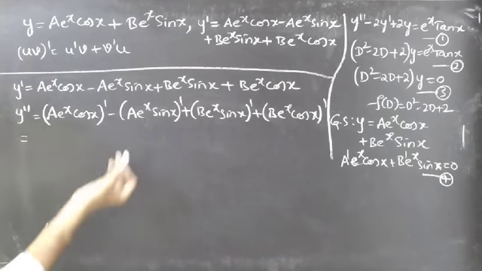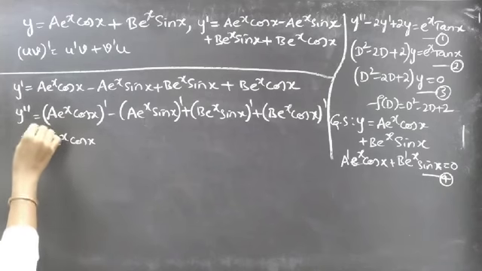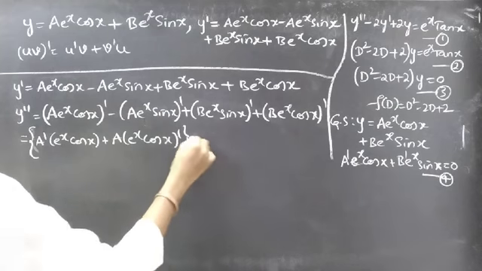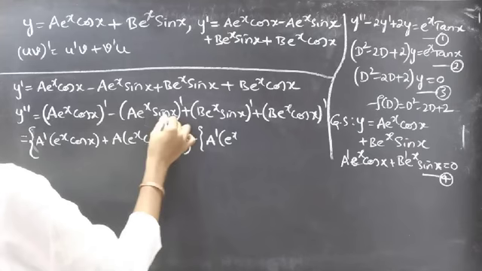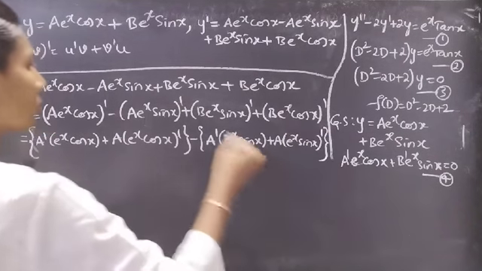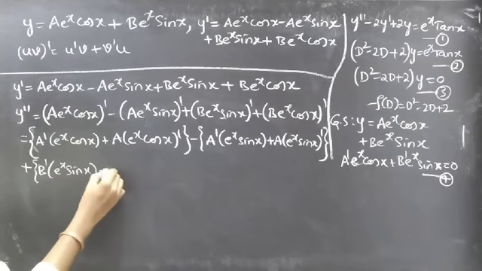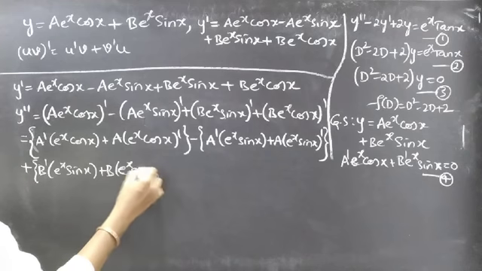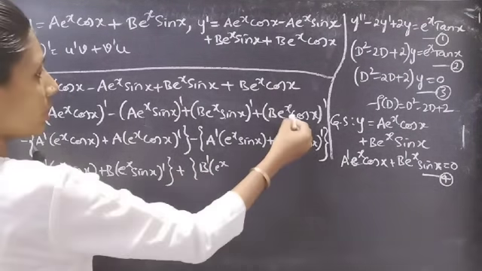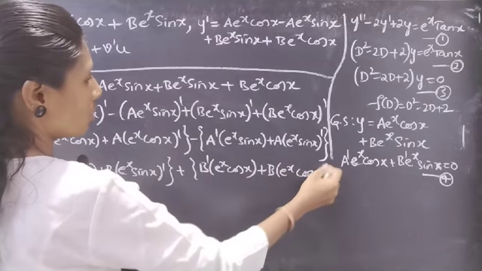Consider a as u and e^x cos x as v, then we'll get a' e^x cos x + a (e^x cos x)' - a' e^x sin x + a (e^x sin x)' + b' e^x sin x + b (e^x sin x)' + b' e^x cos x + b (e^x cos x)'.